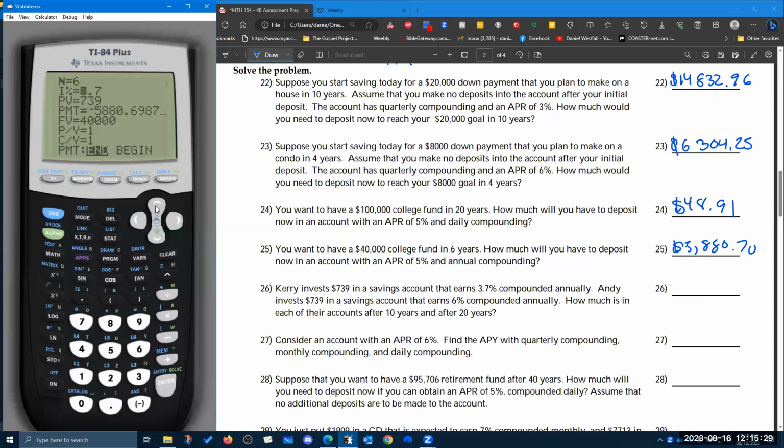So it's going to be 10 cycles there, and we're not making any payments into the account.